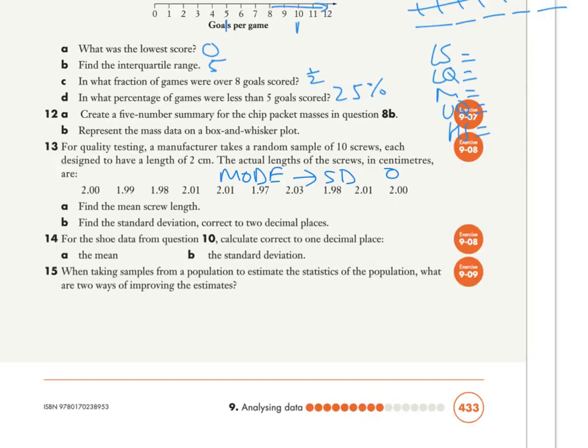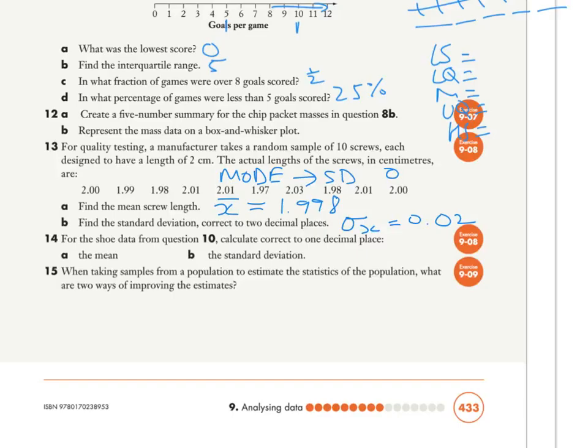Okay, so you get calculator, and the mean, which is alpha 4, would be 1.998. Now the standard deviation, which is alpha 6, is 0.2.